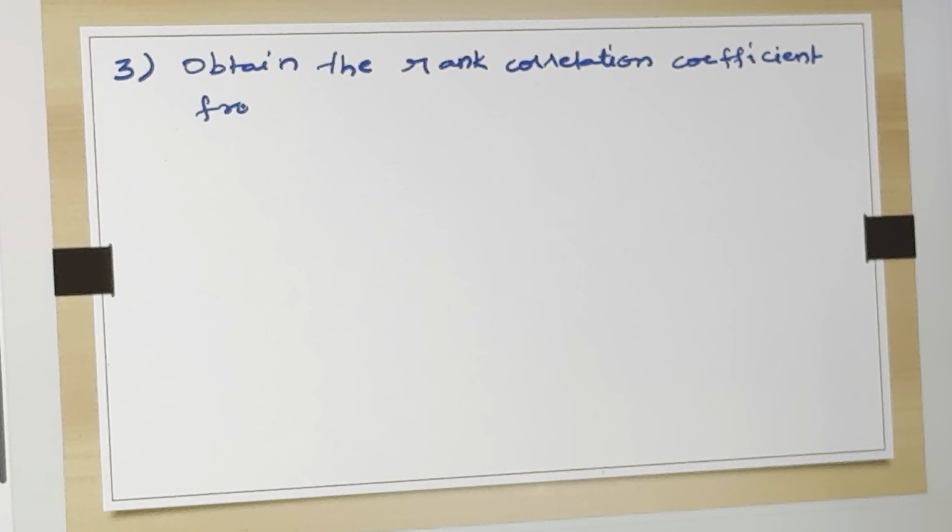Obtain, ज़रूरी नहीं है कि स्पीयरमैन्स रैंक कोरिलेशन ऐसा टर्म यूज करें. एग्जाम में रैंक कोरिलेशन, रैंक का टर्म अगर आपको दिखाई देता है तो स्पीयरमैन्स रैंक कोरिलेशन का एग्जाम्पल आप सॉल्व करने वाले हैं. Even for Karl Pearson's coefficient of correlation, it is not necessary that the term Karl Pearson will be used.